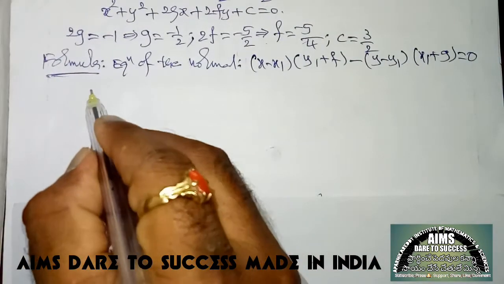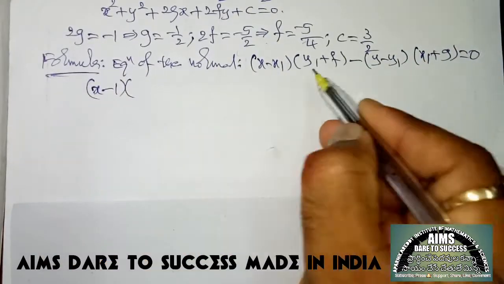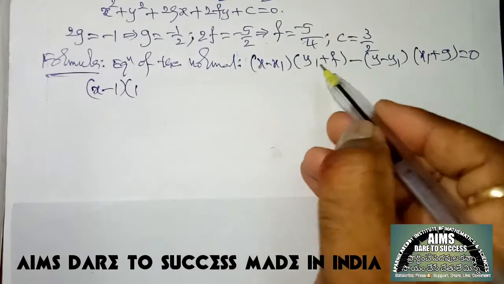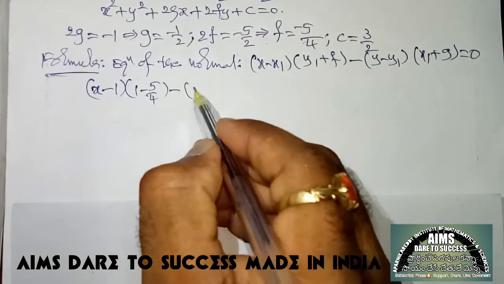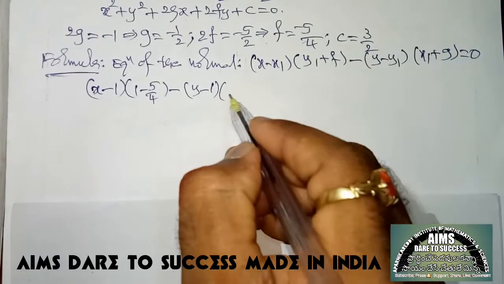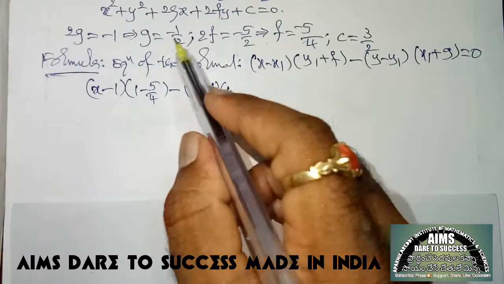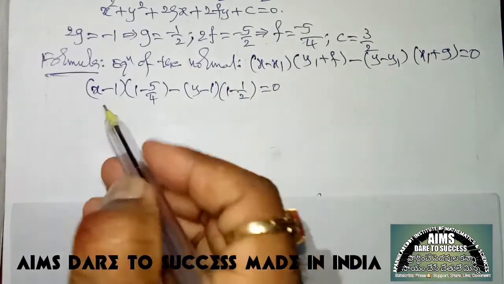We get (x − 1)(1 + (−5/4)) − (y − 1)(1 + (−1/2)) = 0.